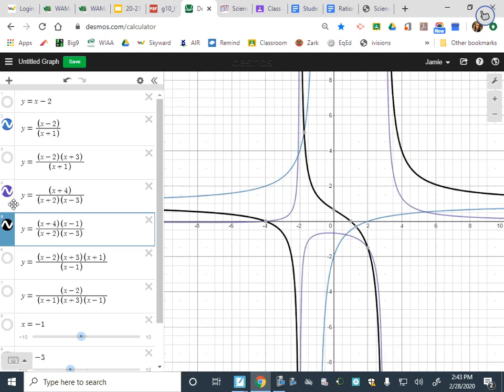Okay, that if I turn that one back off, this one was also, when it was a linear divided by a linear, it got close to 1. Now that it's quadratic divided by quadratic, it's getting close to 1. Okay, it's something about the degree comparison between the numerator and the denominator, right? Degree 1 levels off to 1. Degree 1 levels off to 1.